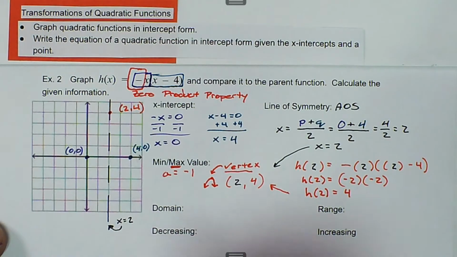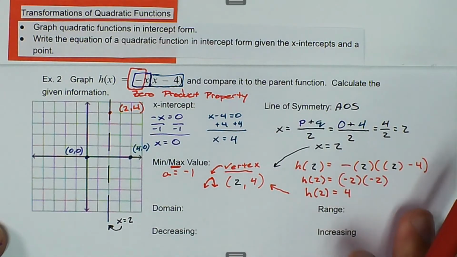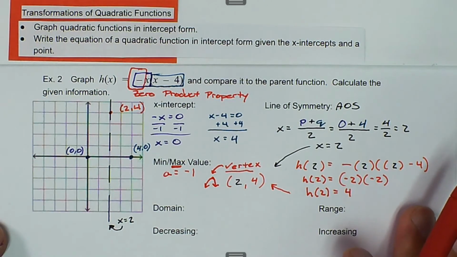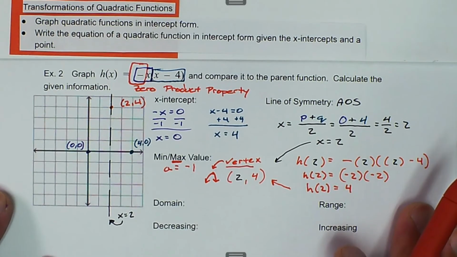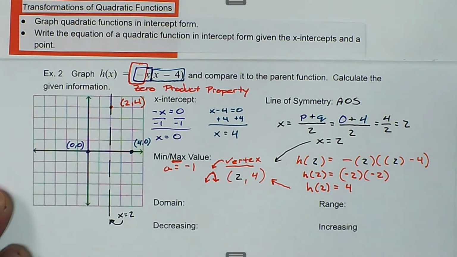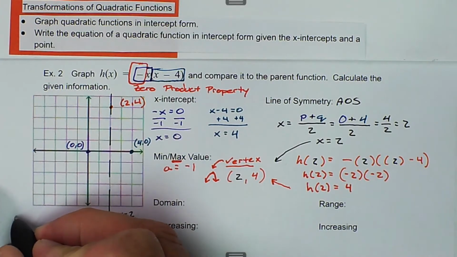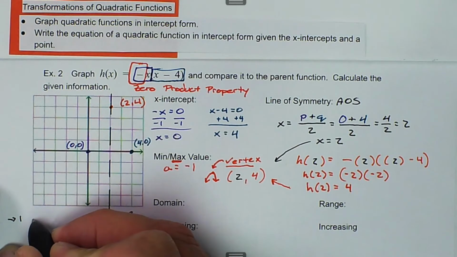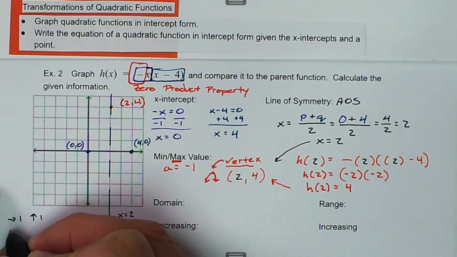And we want to think about what the rest of the graph looks like, and compare it to the parent function. So the parent function tells us that when we go over 1, we go to the right one. As you can see, if we go to the right 1, then we go up 1.